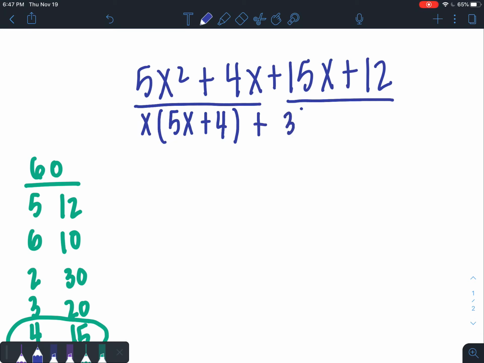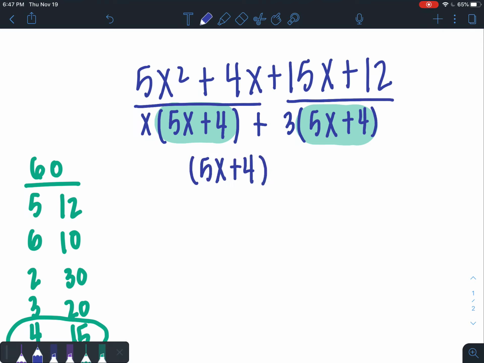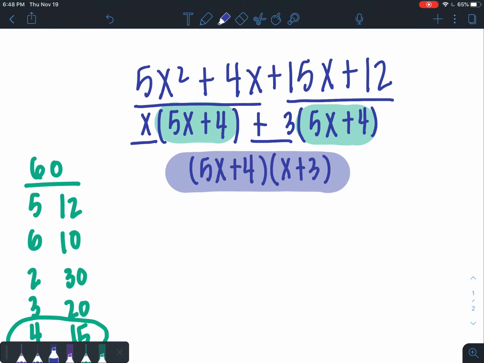Between 15x and 12, 3 is all I have in common, so we're left with 5x plus 4. These two things match, so we know we did something right. So we have 5x plus 4 times x plus 3. And that right there is our final factored answer.